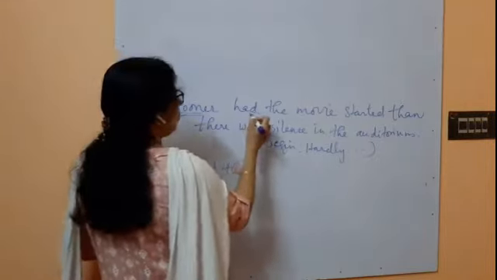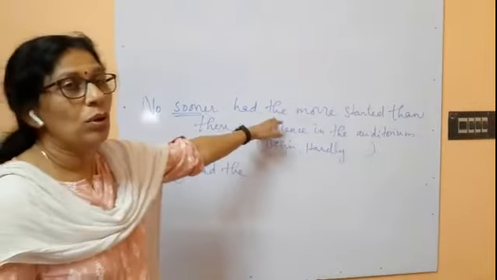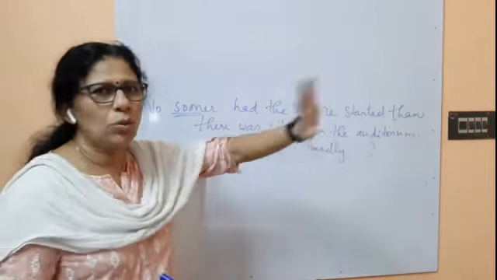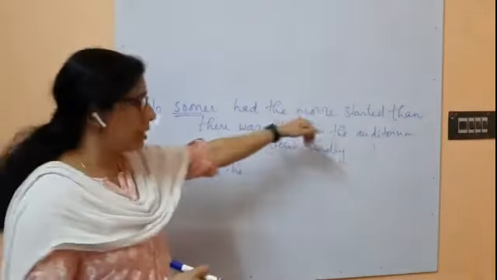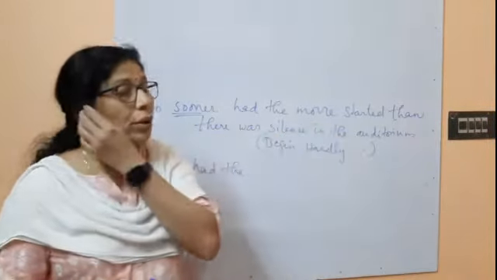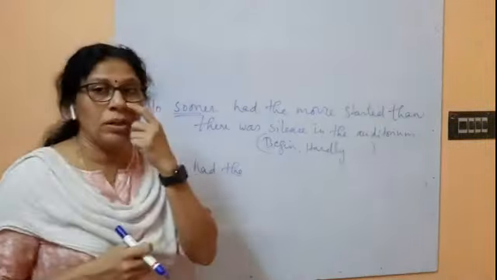Actually, no sooner will be followed by did plus base form, but in certain sentences you can see this is how it may come in the question. But don't worry, when you are writing the answer with no sooner, you don't repeat this format. This is the old usage only. Now, no sooner, did plus base form only will be used.